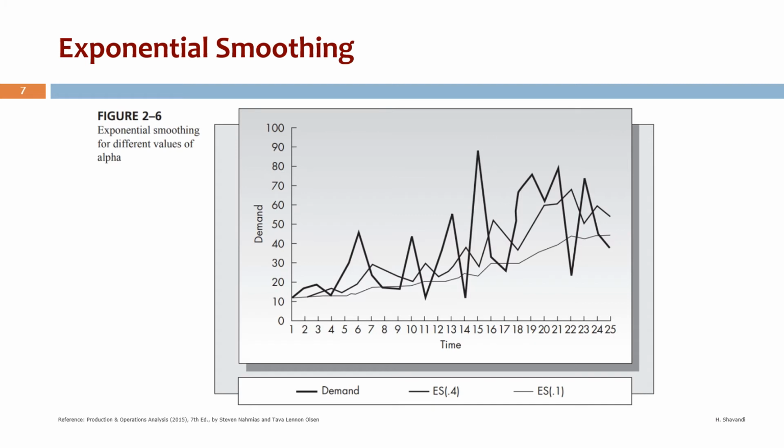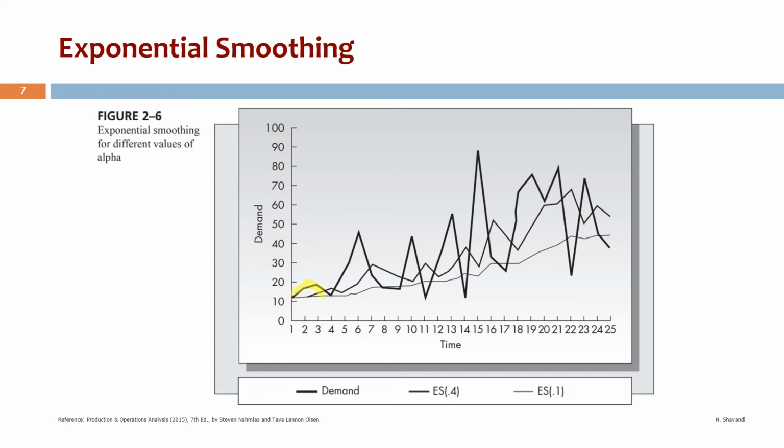But if we decrease alpha and consider a smaller value, we are assigning higher weight to the past data, and it will generate a more stable forecast for the future. You can see this in this figure. Let me show with different colors.